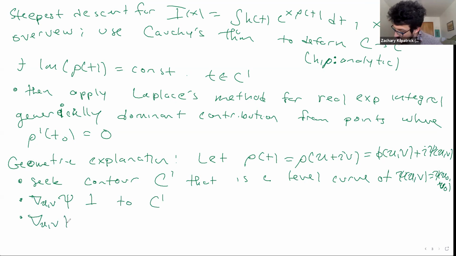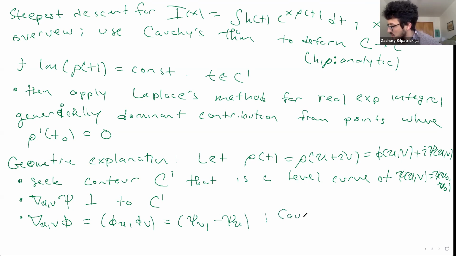The gradient of phi, which is phi sub u, phi sub v, because we have an analytic function, should be equal to psi v, minus psi u. This is just by the Cauchy-Riemann equations for analytic functions, which we take them to be.